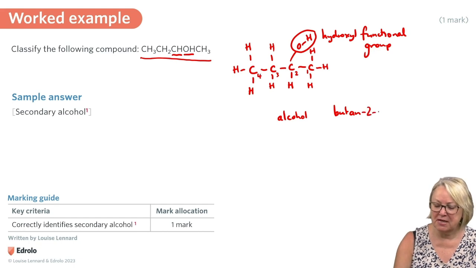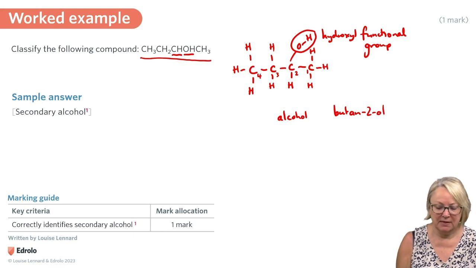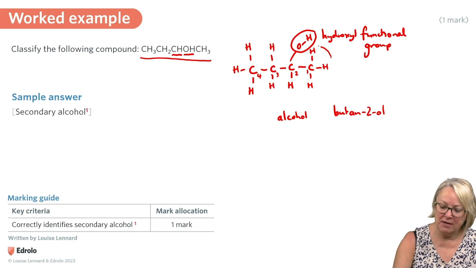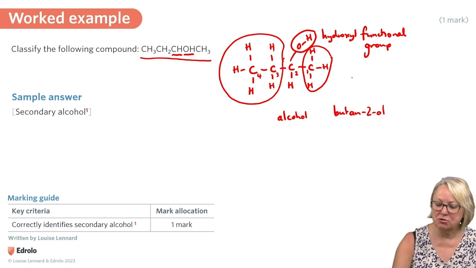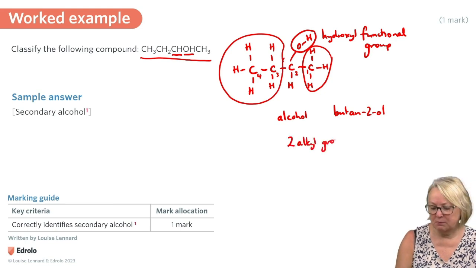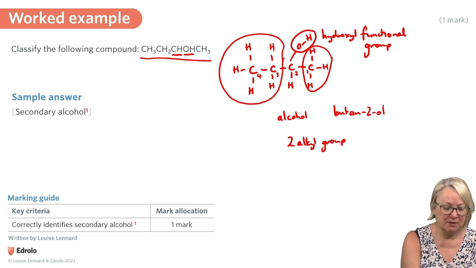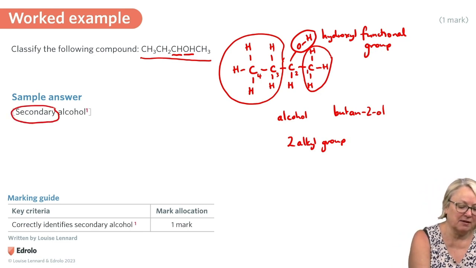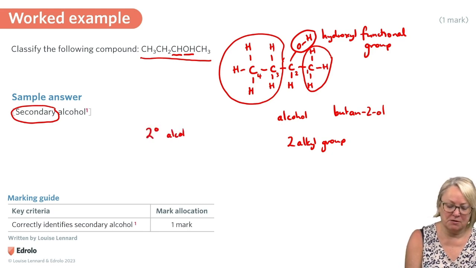So this is butan-2-ol, but we'll look at naming in a later lesson. So it's an alcohol, but there's one alkyl group here and a second alkyl group here. So there are 2 alkyl groups bonded to the carbon that contains the hydroxyl group. So this is a secondary alcohol, which we can write as 2 degrees.